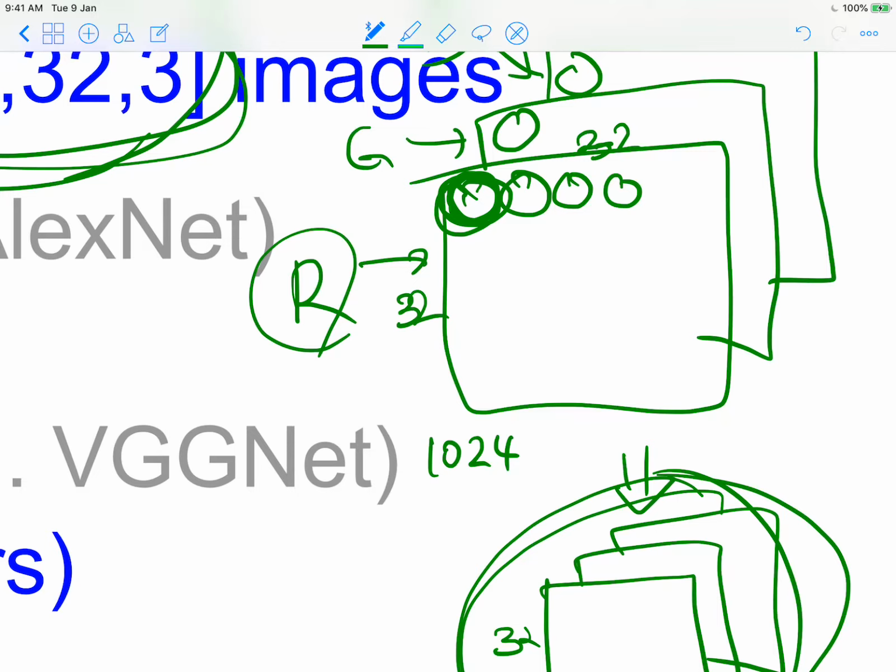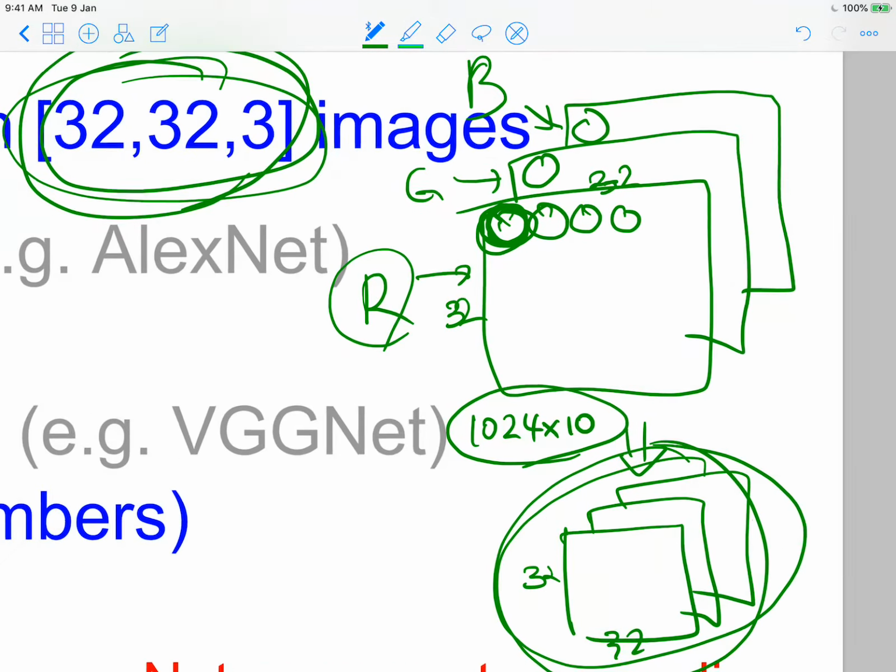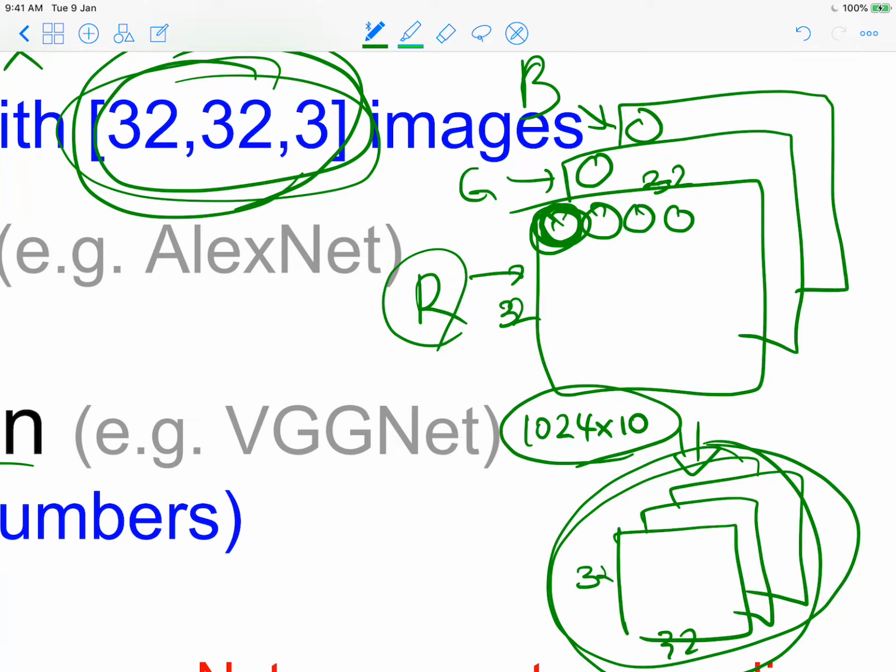So if we collect the R channel values, then we have in total this number of R pixel values, okay? And then we just take the average given this number. If we compute the average in this manner for each channel, then we will have a single average number for the R channel and a single number for G and B, right?